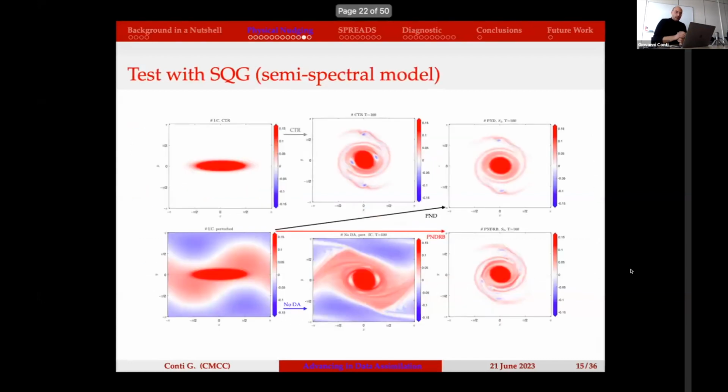Then, just to test the feasibility of this problem, I used a surface quasi-geostrophic model, a model by Held 95, starting with a lead-peak initial condition, and in the control run, after some time we get this vortex. Fine.